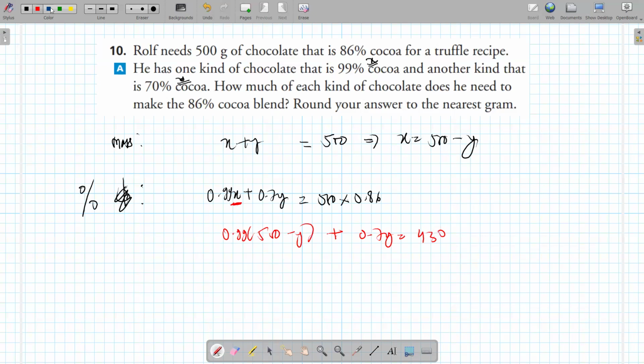How do we solve this equation? We open the brackets. Yeah, you open the brackets, so 0.99 times 500. So that's 495 minus 0.99y plus 0.7y is 430. Negative 0.29y equals negative 65.